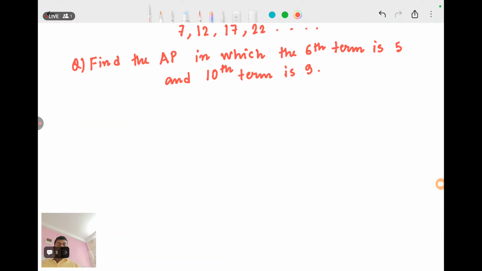If the sixth term is given as 5 and 10th term is given as 9. Can anyone help me to find this question?